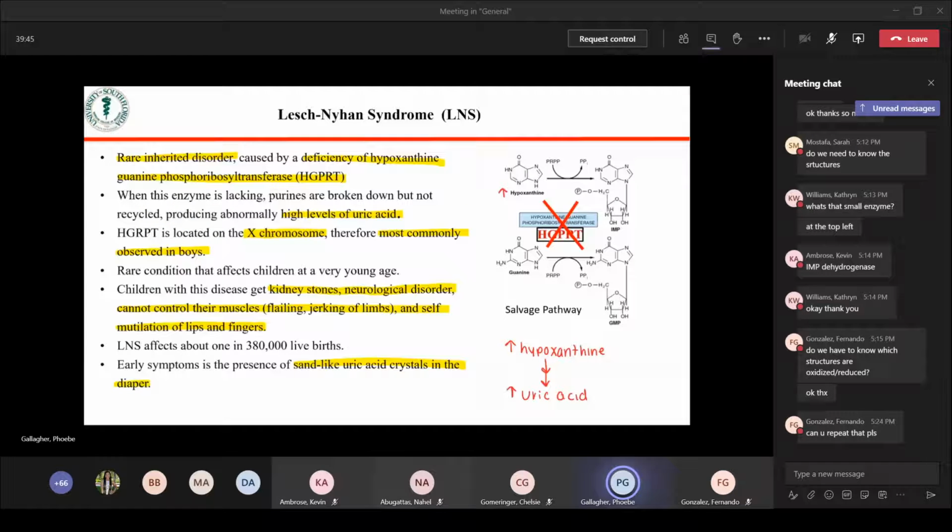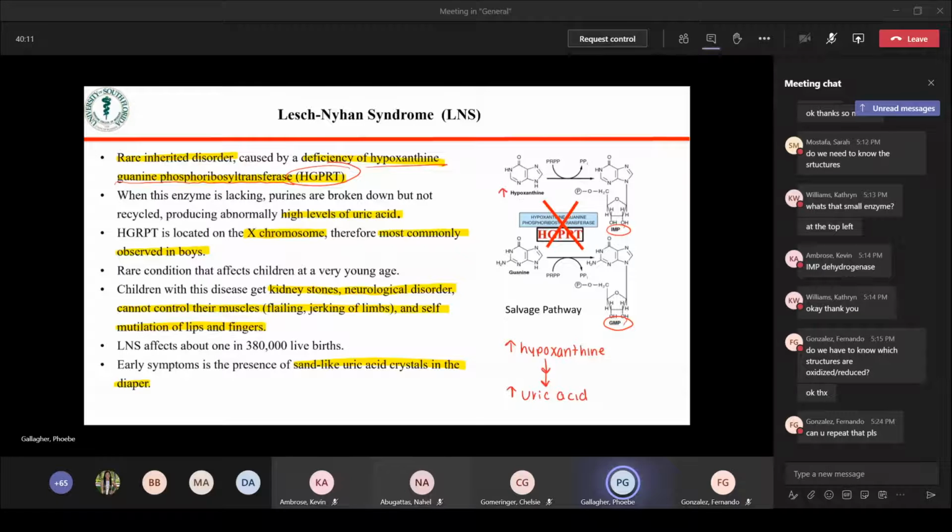Okay, for Lesch-Nyhan syndrome, here you have a deficiency of hypoxanthine guanine phosphoribosyltransferase, so HGPRT. And remember that this is the one that converts hypoxanthine and guanine into IMP and GMP. So if you don't have this enzyme, you're unable to make IMP or GMP, or you're not able to make enough of it.